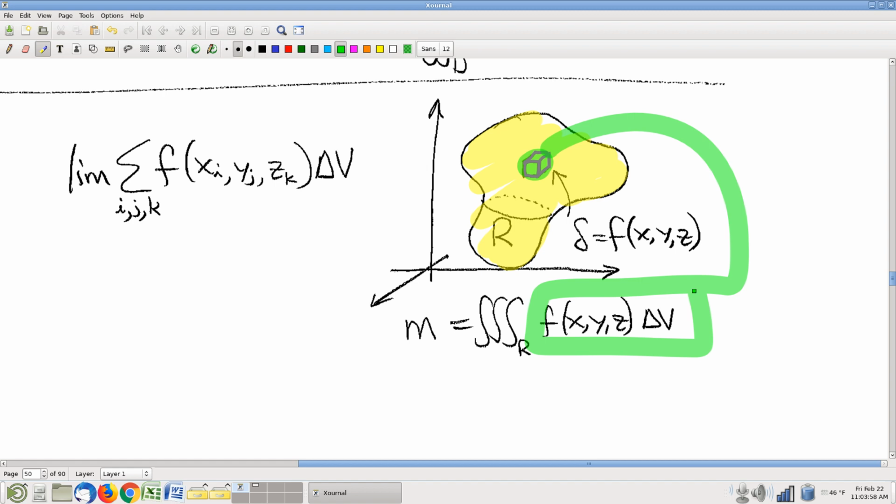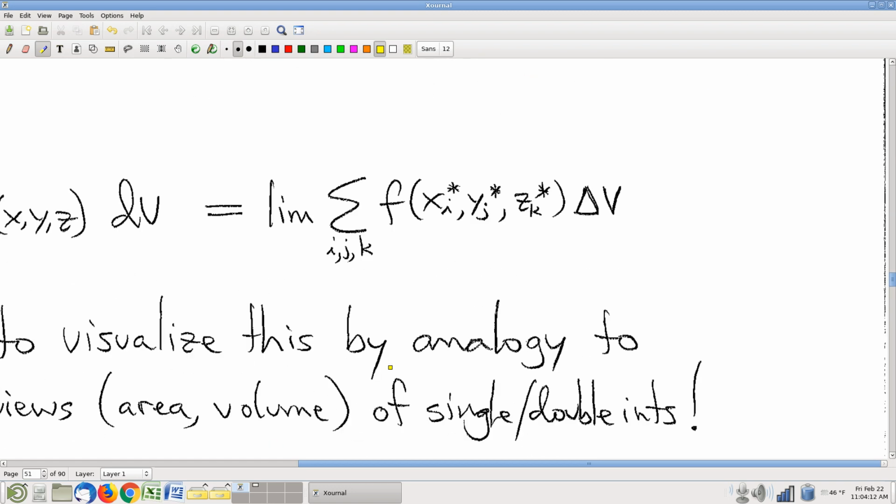And then, of course, we add up over the entire region all of the little sub-boxes that I get when I slice and dice this solid. Okay. So here's, again, how you write that as a Riemann sum. There's a bunch of little pieces of volume. Each volume you're going to multiply by some sort of a density is the way I like to think about it.